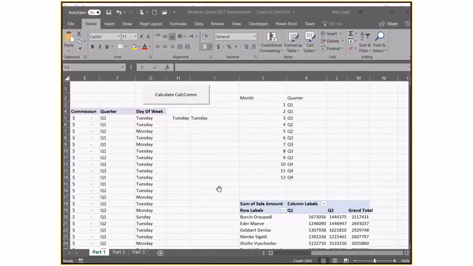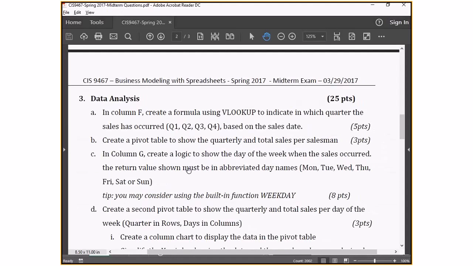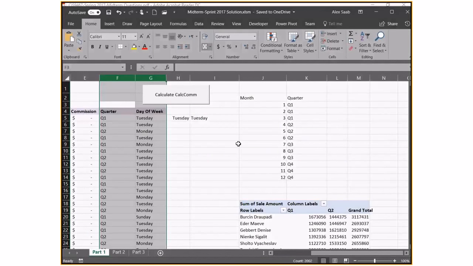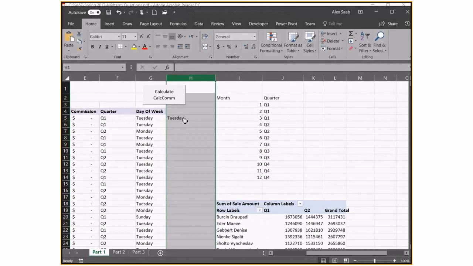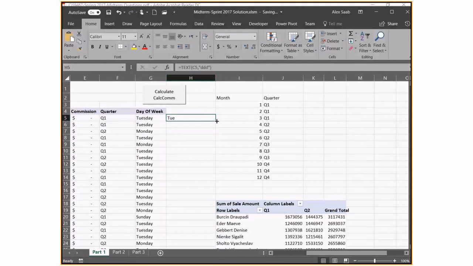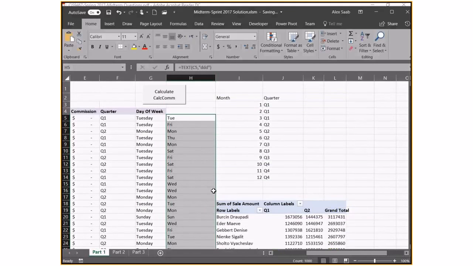Stretch my memory a little bit. The return value, day names, has to be three letters. First, let's fix this. I'm not going to use this. Use the TEXT function and use three Ds. Leave it.